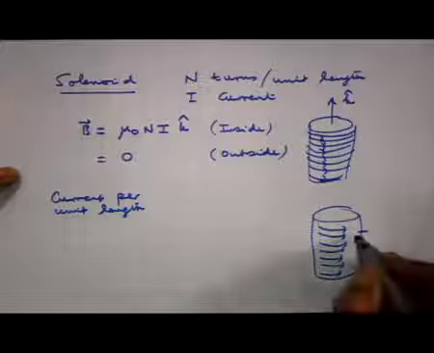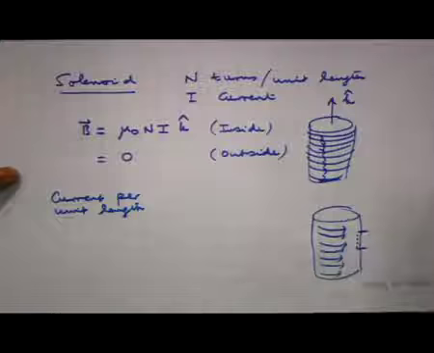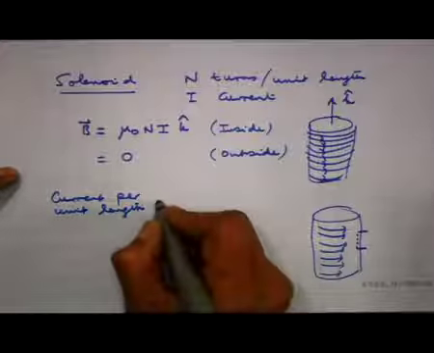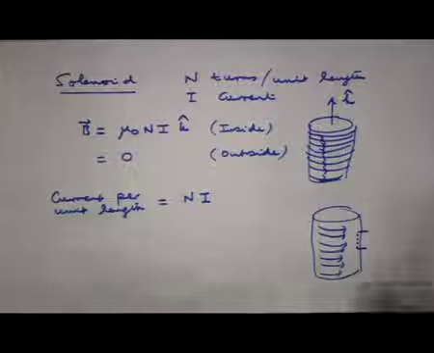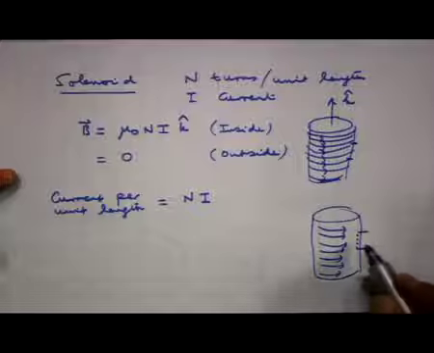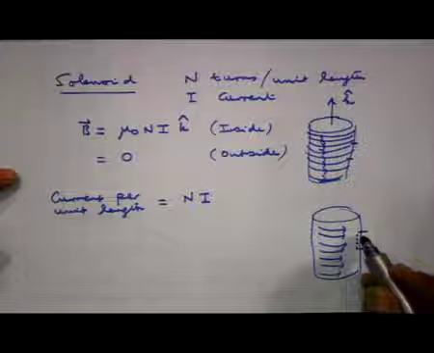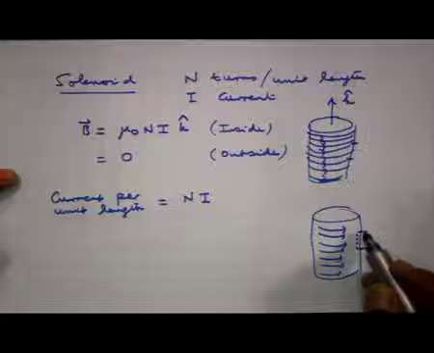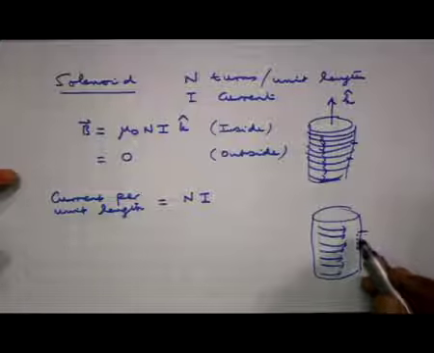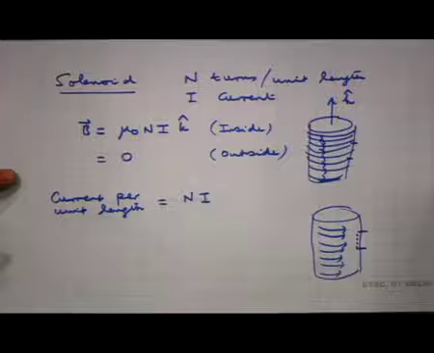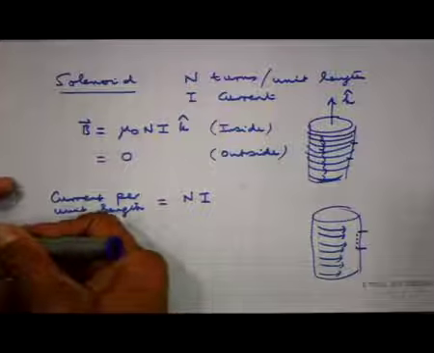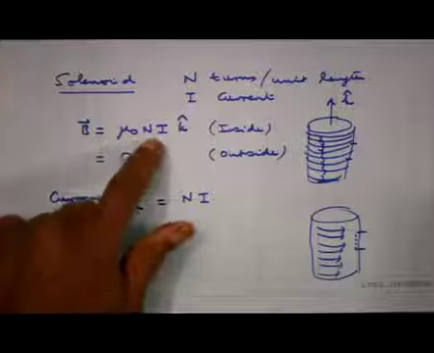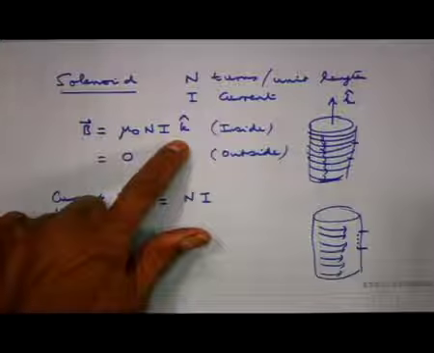In a unit length, there will be n turns, each turn carrying a current I. So, current per unit length will be n I. Please note, if I take unit length of the solenoid, there will be n turns, each turn carrying a current I. So, the total current crossing a unit length in this direction is n times I. So, this n times I is nothing but current per unit length of the solenoid. So, the magnetic field produced by a solenoid is mu naught times current per unit length into k cap inside and 0 outside.